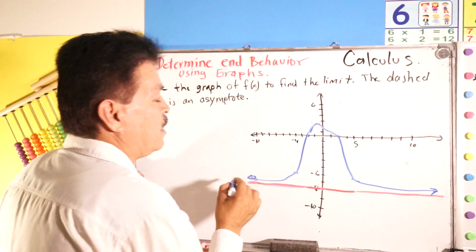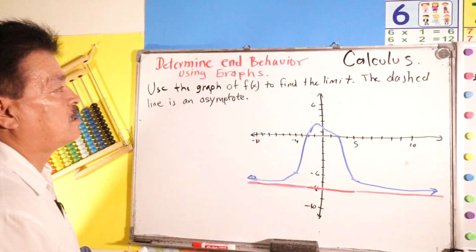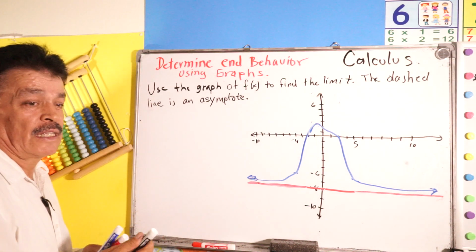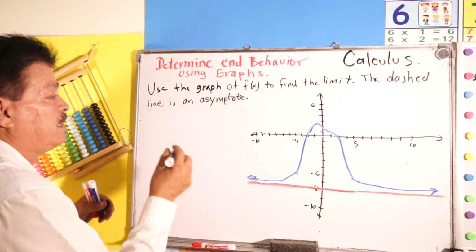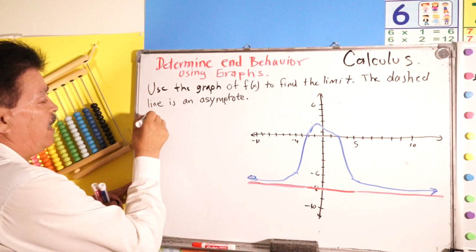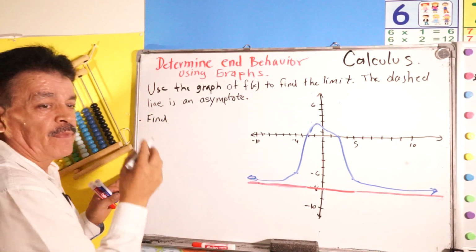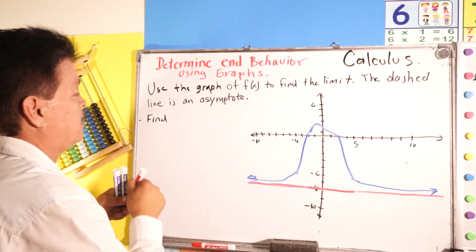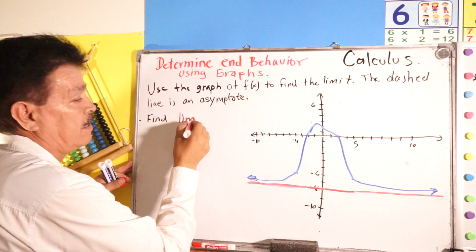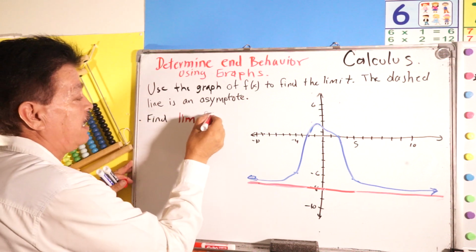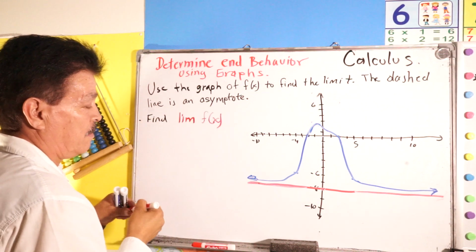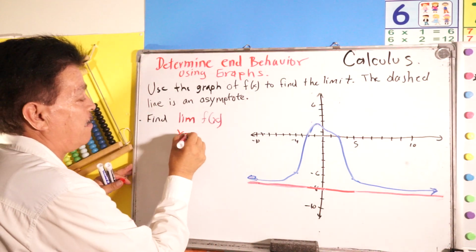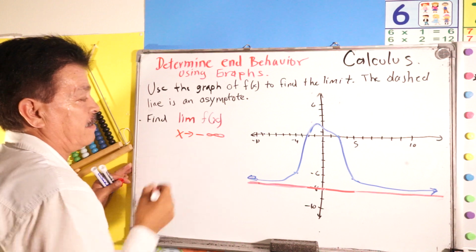Okay, so I want to show how this topic works. Look at our graph. Now here we have to find the limit of f of x when x approaches negative infinity, right?